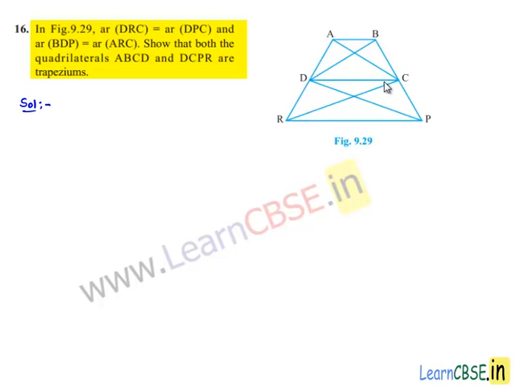Let us consider the given figure, in which the initial condition given is that area of triangle DRC is equal to area of triangle DPC. They lie on the common base DC.